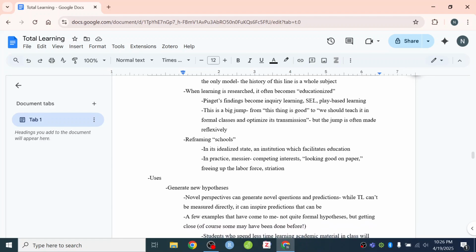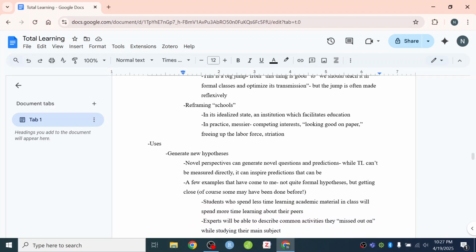A few examples that have come to me, I can list out some of them right now. They're not quite formal hypotheses because I'm still developing them, but they're getting kind of close. And of course, some of them may have been done before, and I'm just not aware of it, but certainly they haven't been done en masse.